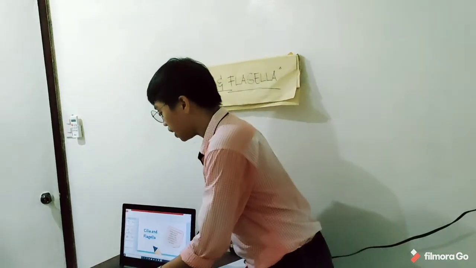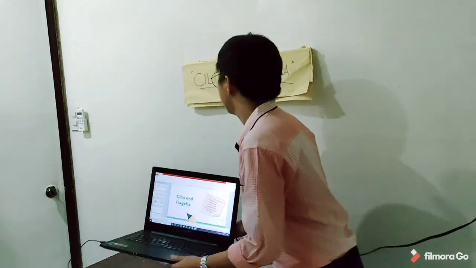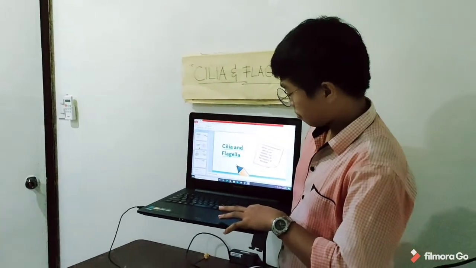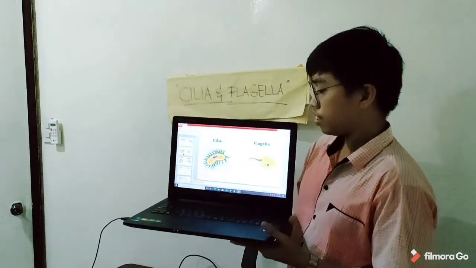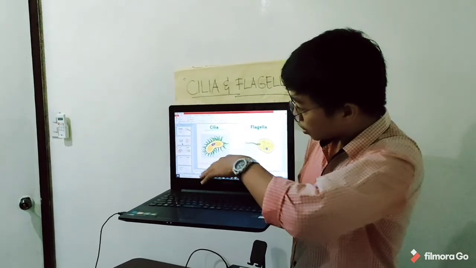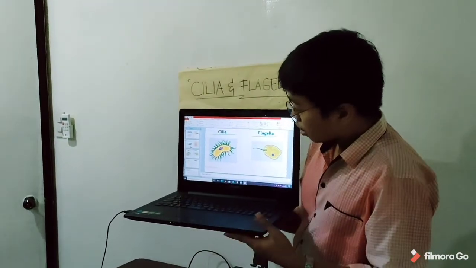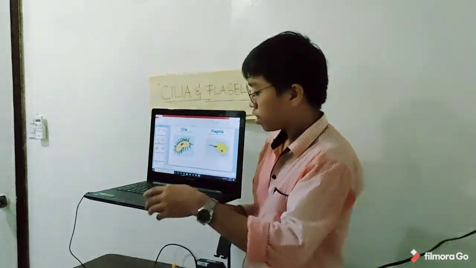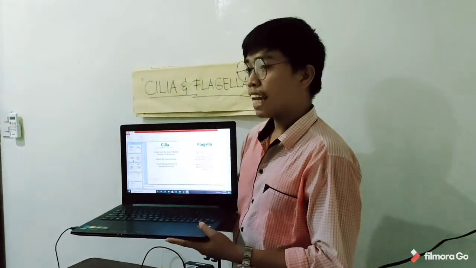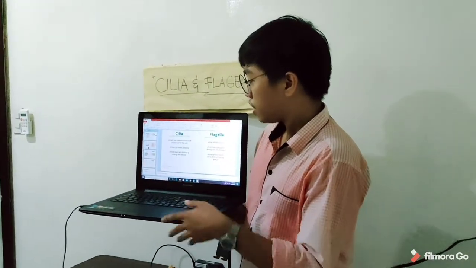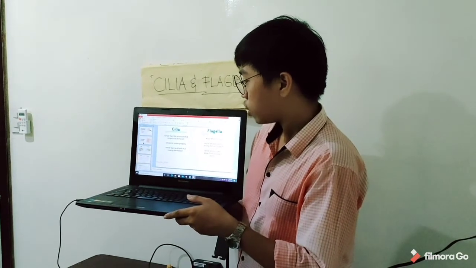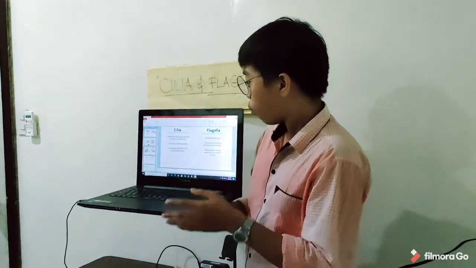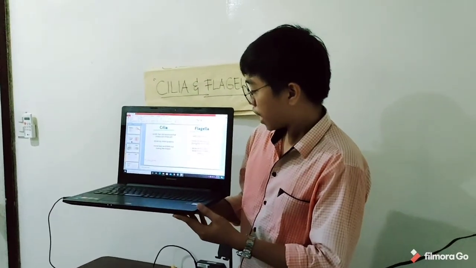So I have here, class, a picture of cilia and flagella. So this is the picture of cilia. Okay, this is cilia, class, and this one is the flagella. So the difference between cilia and flagella is that cilia are small hair-like structures that project out of the cell, while flagella are whip-like structures.